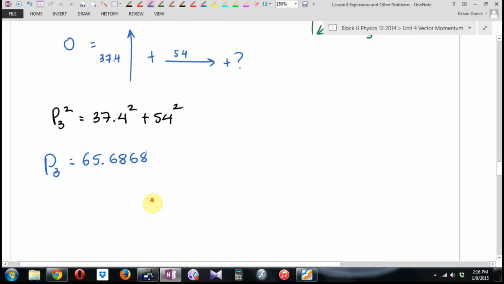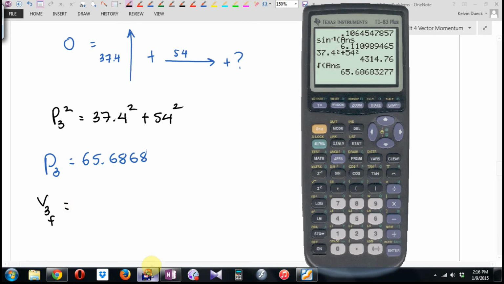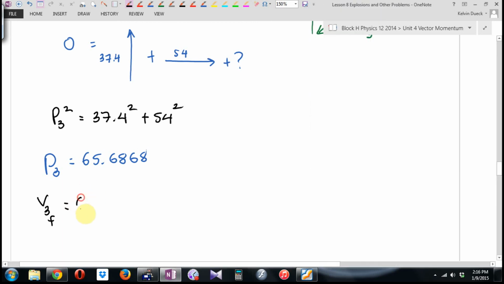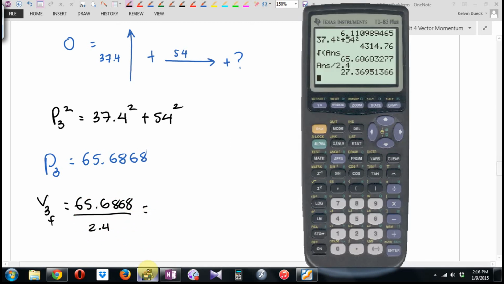How can I find the speed if I know the momentum? What was the mass? Was it 2.4? So divide by 2.4. 65.6868 divided by 2.4. I get a speed of 27.4.